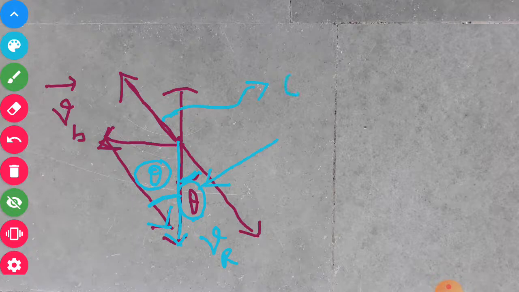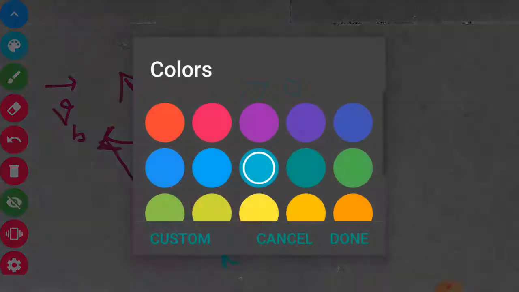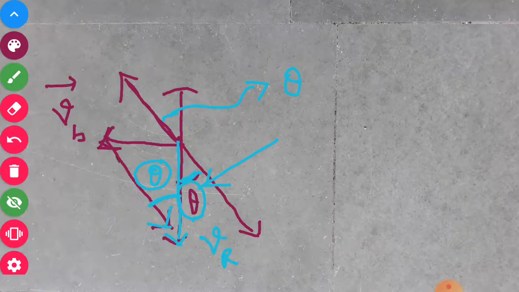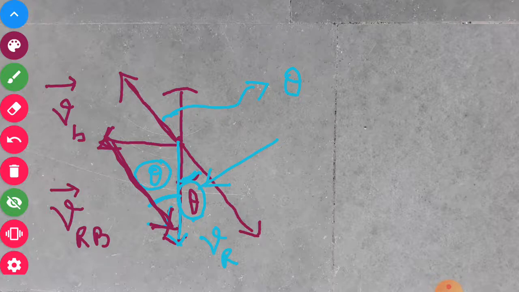So at which angle the umbrella should be held, that we can determine. Now see this vector which I have drawn here, this vector is the velocity of rain with respect to the bicycle.